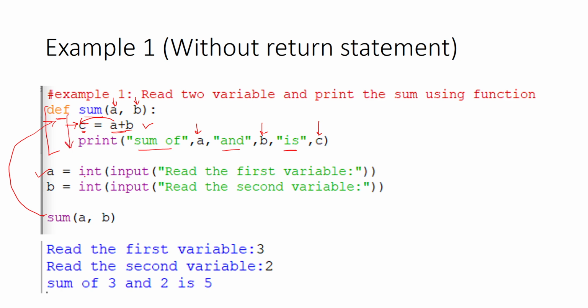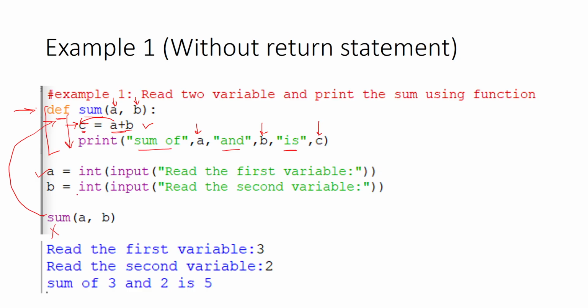Because this function itself is printing, when it prints, it stops and comes back, and there is no more statement after this, so the system will stop, right? This is a definition, so the system will start executing from this point, and it knows this is the definition of a function named sum, so it stores the definition, right?